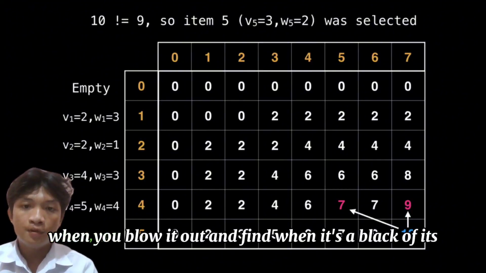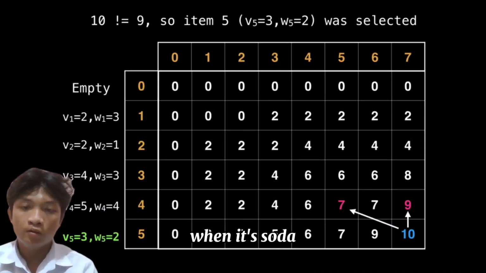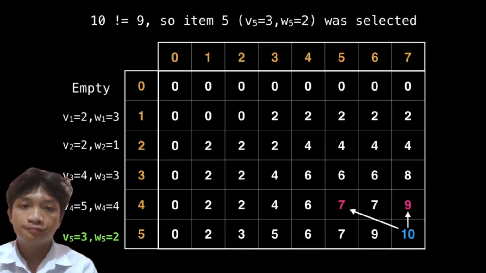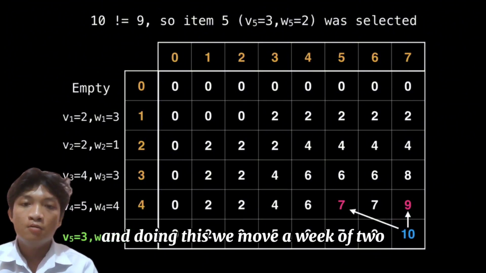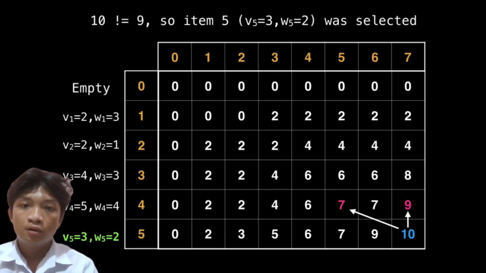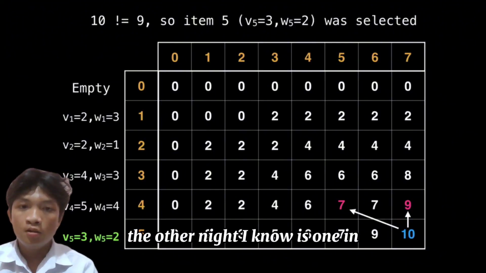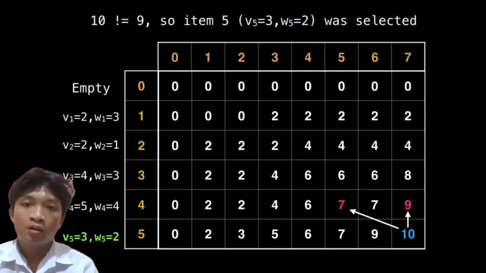Since we include item 5, we need to subtract its weight so that we can consider a smaller knapsack size. What we're doing is removing a weight of 2 and shifting our focus to where the diagonal arrow is pointing.